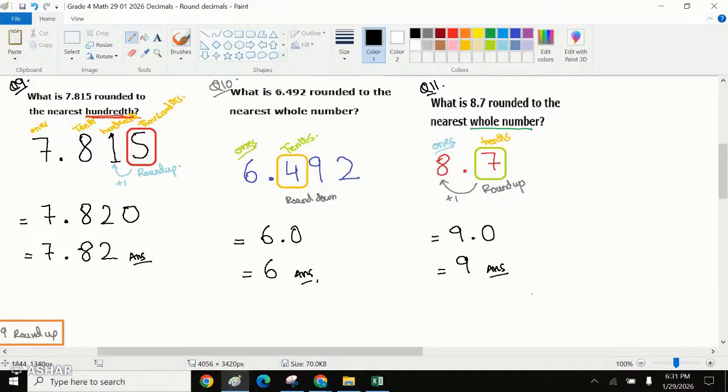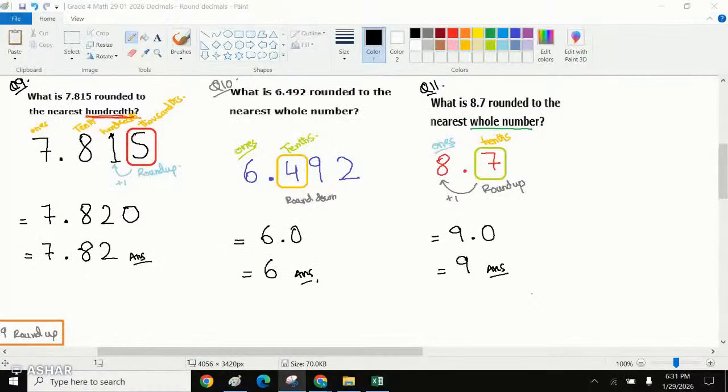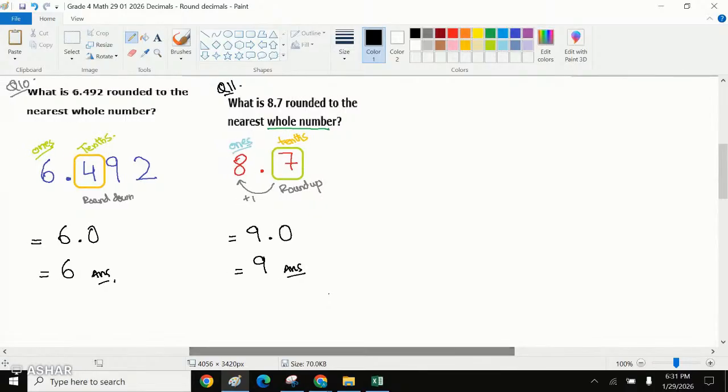Very good. Thank you. Moving ahead to the next question. It says, what is 2.56 rounded off to the nearest tenth? Okay, let's do question number 12.